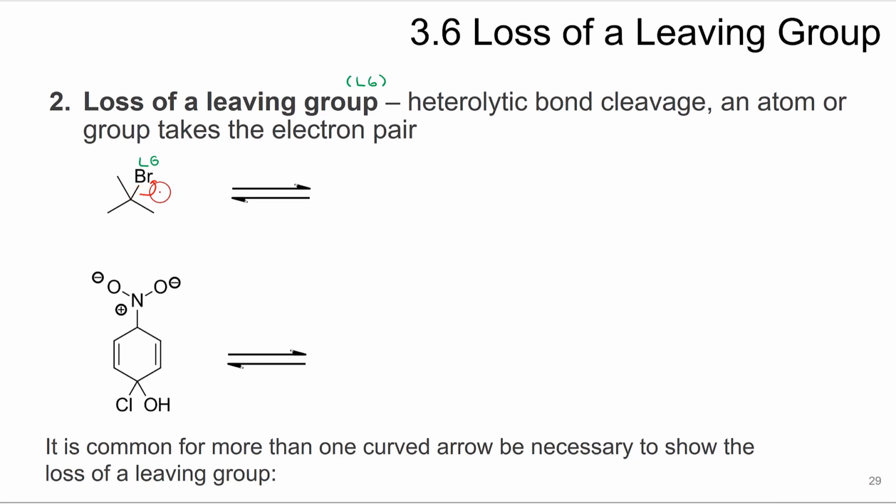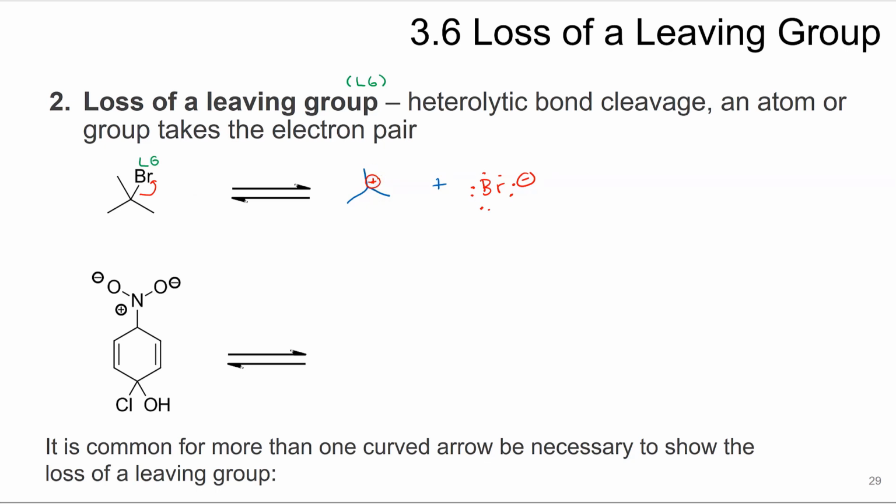So this bond is going to break. These electrons will go on to the Br. We have our Br here. It now has this extra electron pair, so it's Br minus. When those electrons left this carbon, it left it deficient, so that becomes positively charged.